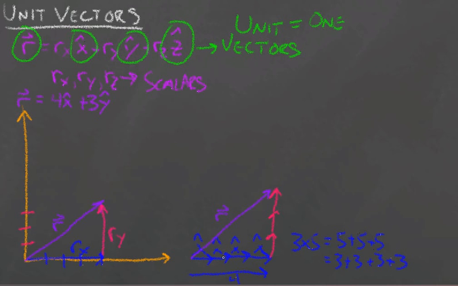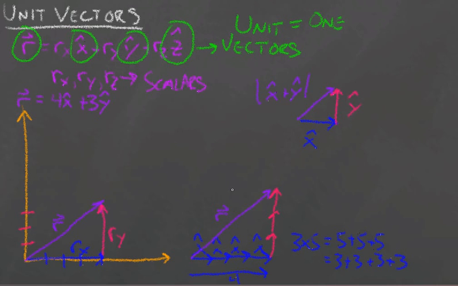It's a vector of length 1 that just tells you what direction you're going in. But there's an important thing that we need to notice. Let's say we go over 1 unit x hat, and then we go up y hat. So now we want to find the vector x hat plus y hat.